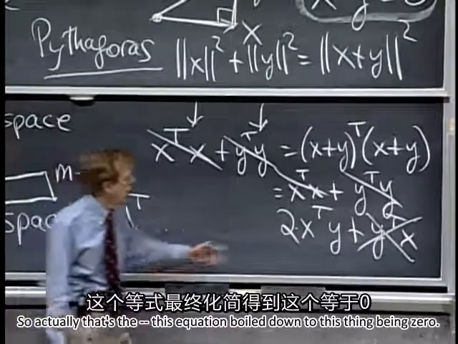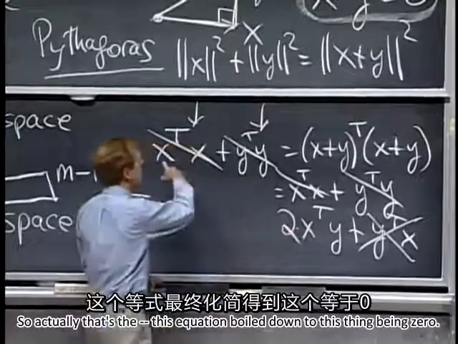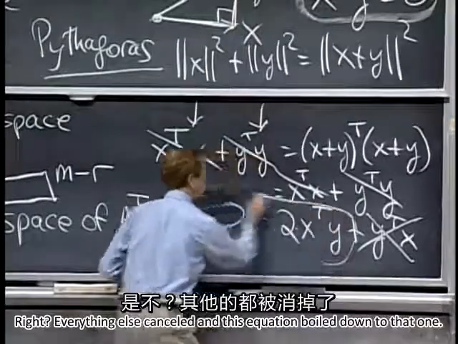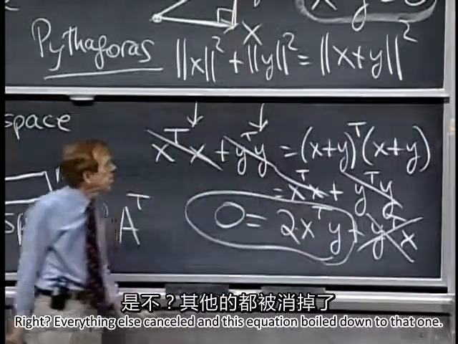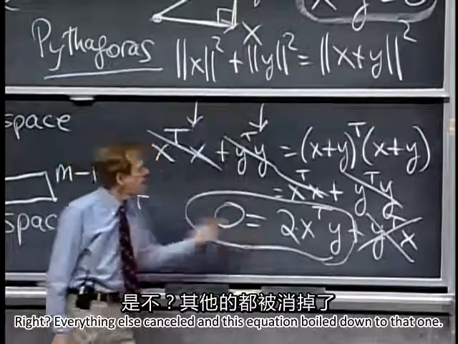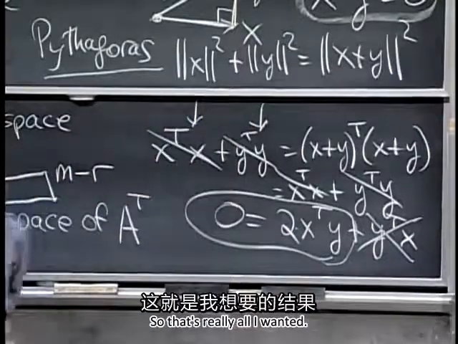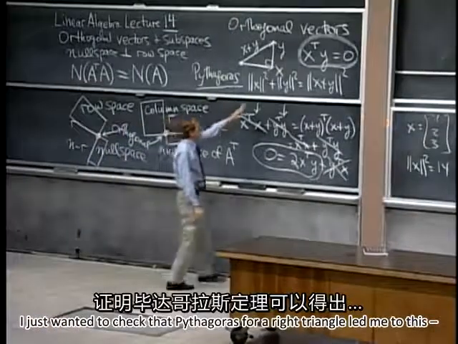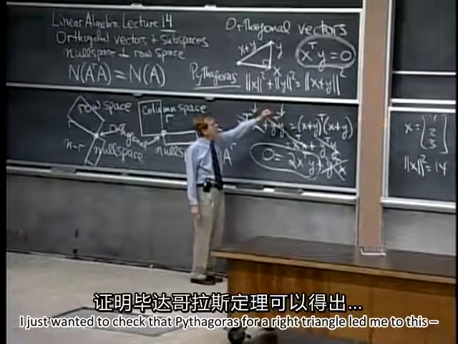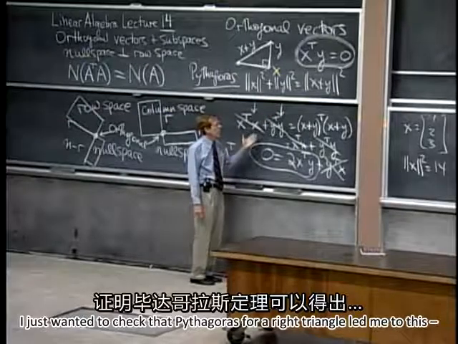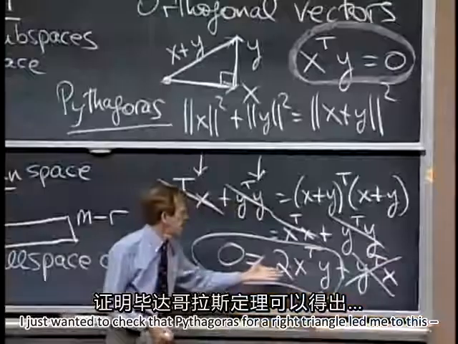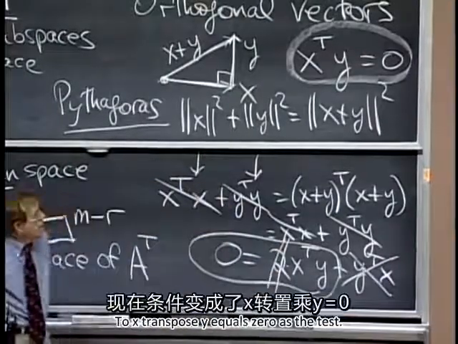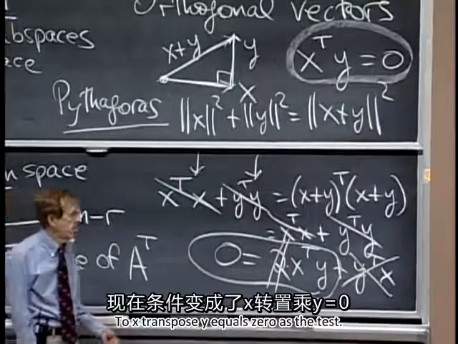So this equation boiled down to this thing being 0, right? Everything else canceled. So that's really all I wanted. I just wanted to check that Pythagoras, for a right triangle, led me to this. Of course, I cancel the 2 now, no problem, to x transpose y equals 0 as the test.